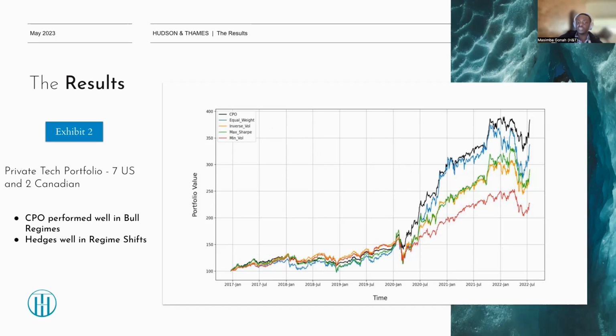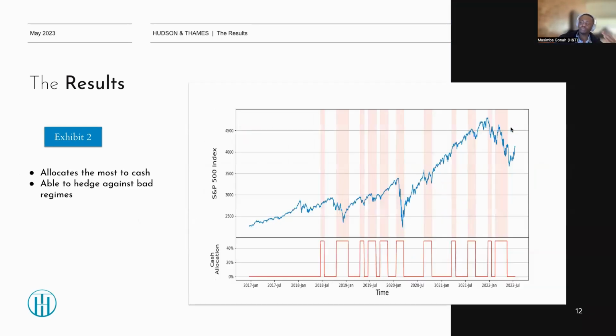And this is quite significant because we'll see in the next slide that at any point where there was some sort of max drawdown, CPO allocated the most to cash, as you can see on this diagram, versus the max drawdown here on the S&P 500. And this is essentially what Michael was also iterating, that the constraints are significant in trying to optimize or protect your investment in a portfolio.